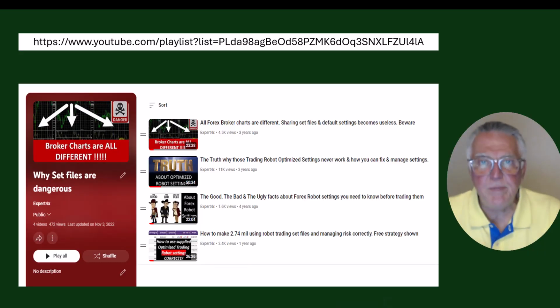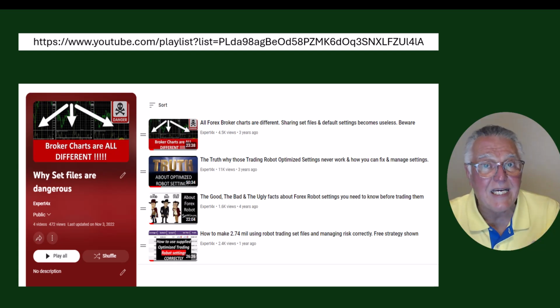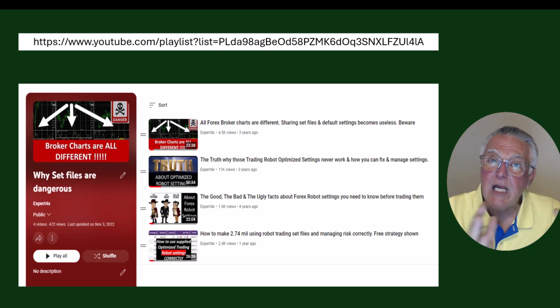Now, I hope I've made my point that the success of a set file is dependent on the luck that you have starting at a date that generates positive results very early. If you don't produce positive results very early, you could incur a margin call very quickly, as we've seen with that 1 week earlier start date.